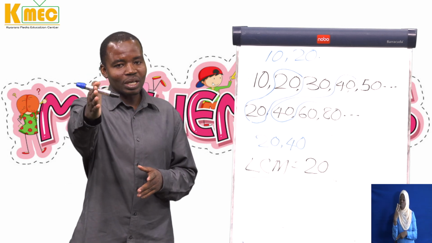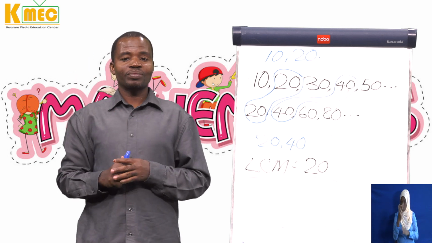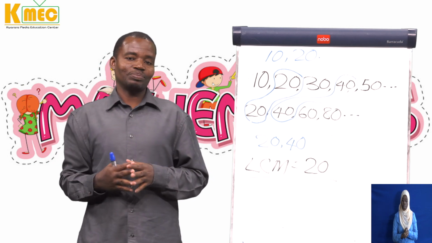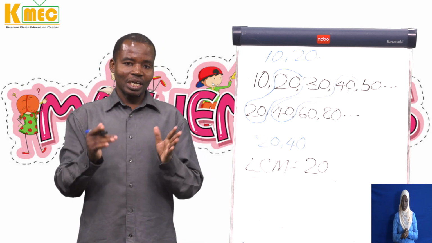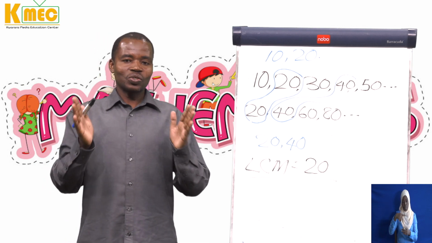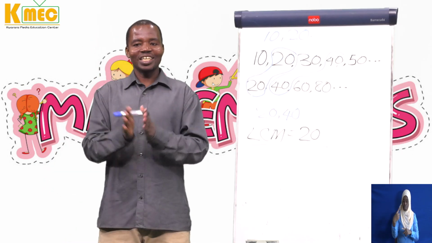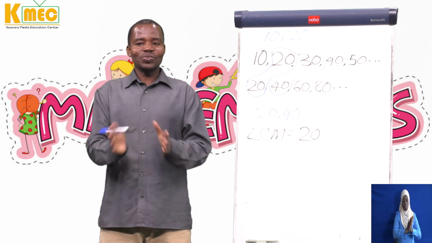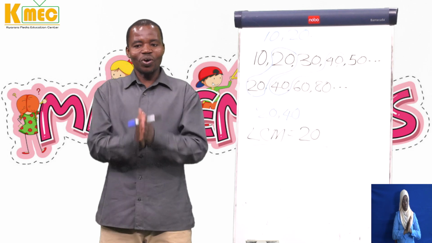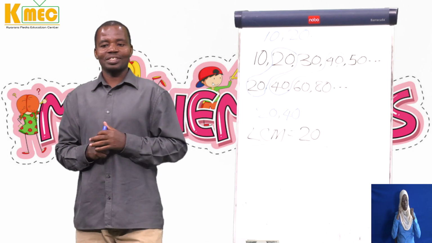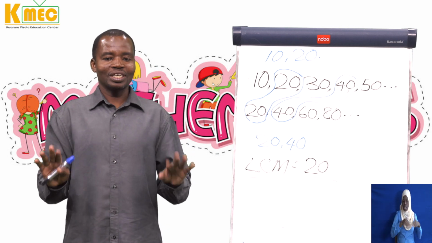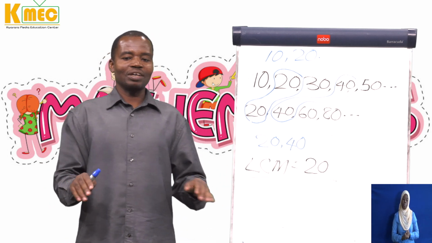And what is 2 times 2? It is 4. When I say 2 times 2, we clap 4 times. Okay, let's start together. 2 times 1? 1, 2. 2 times 2? 1, 2, 3, 4. Very good. So sit down now, my dear viewer.